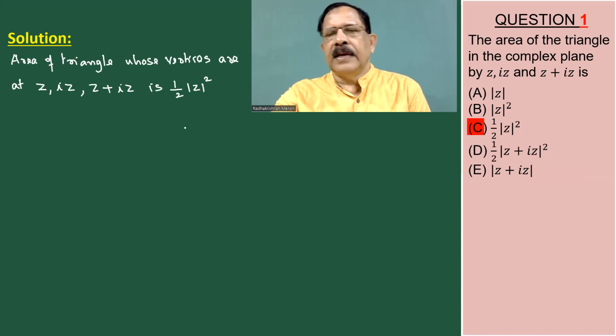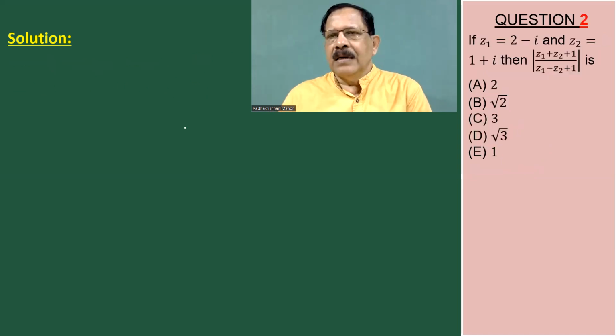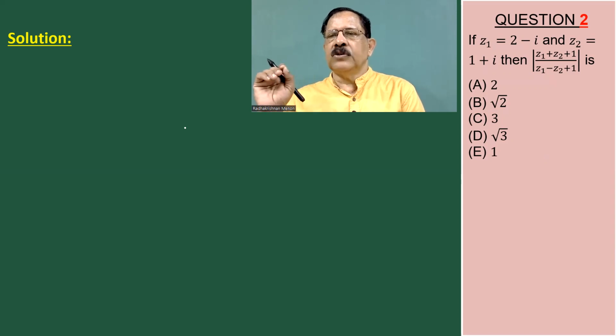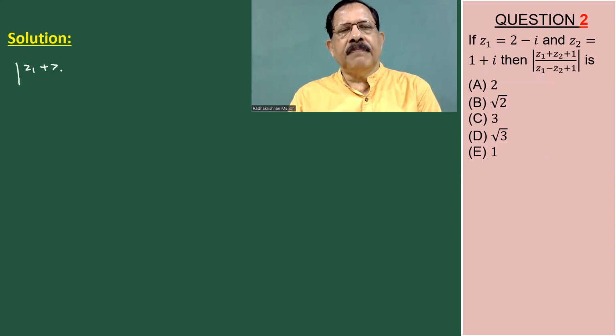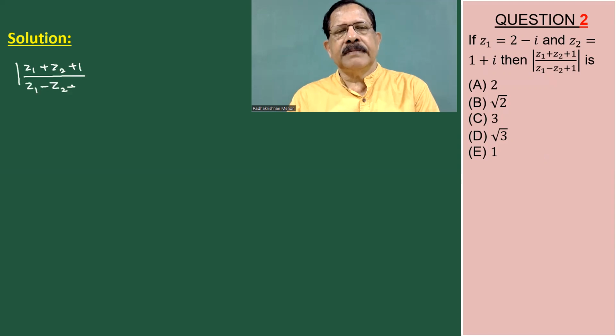Now we come to the next question. Z1 is equal to 2 minus i, Z2 is equal to 1 plus i. We have to find out mod of Z1 plus Z2 plus 1 divided by Z1 minus Z2 plus 1.